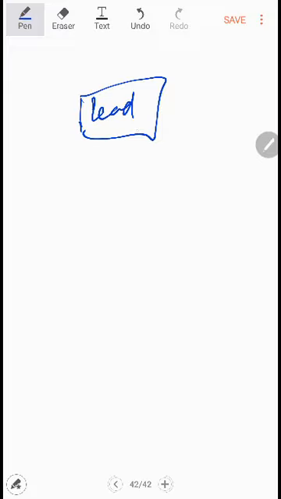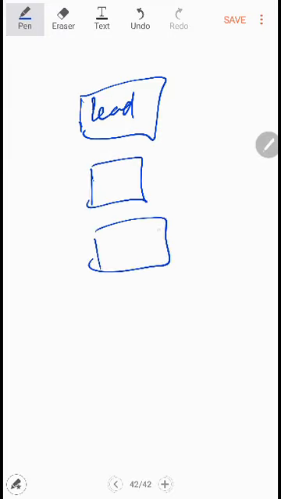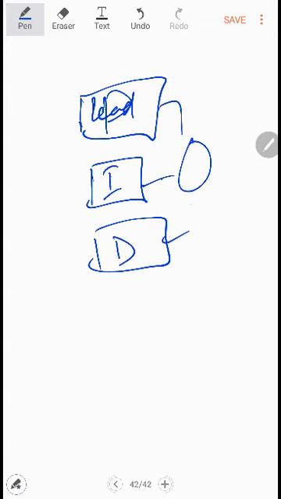So in the PID controller, you can also add all of them: this is the P, this is the I, and this is the D. So you can also use the PID controller. This means that first you have to improve the transient response. If the transient response is satisfied, then go for the steady state response. If the steady state response is also satisfied, then you can stop there.